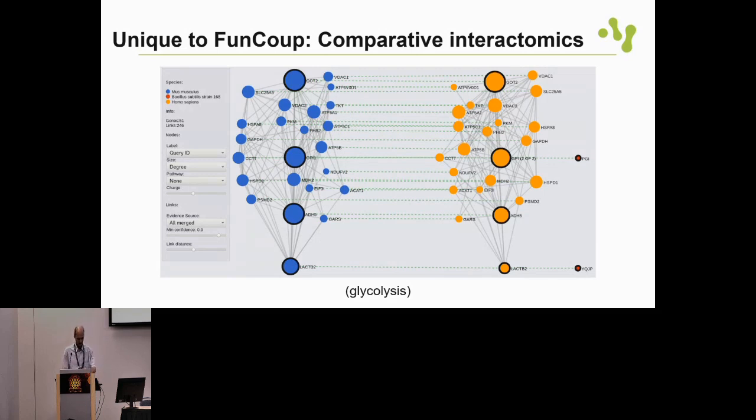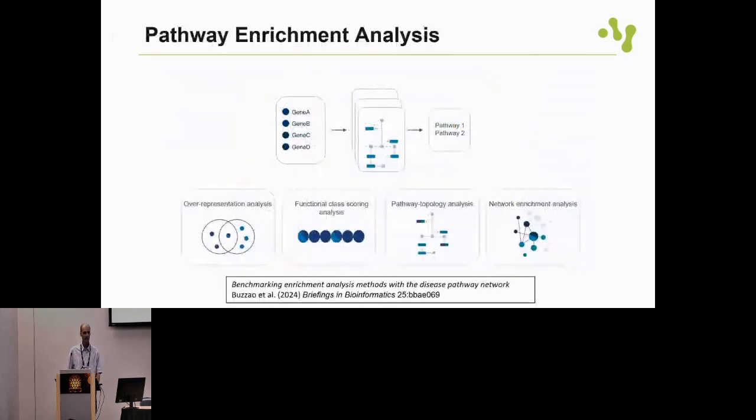Okay, so let me move on to how to use FunCoup for pathway enrichment analysis. Now, a little background: you did your experiment, you have your genes, and you want to find out what pathways are enriched for your query set.